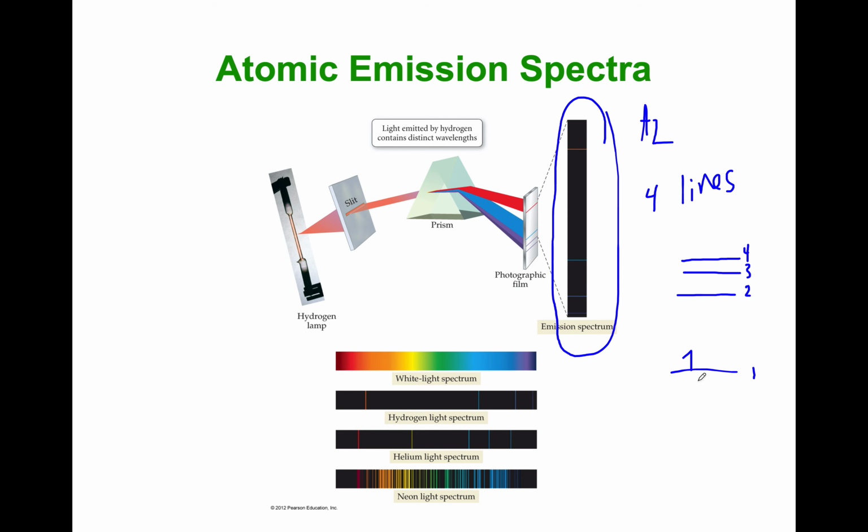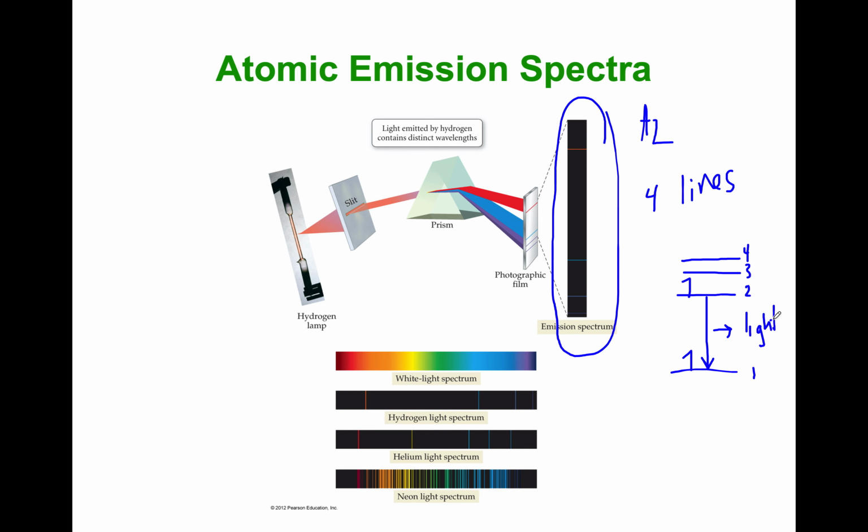If an electron is in the first energy level, it can get excited and move to the second energy level. Well, it can't reside in that excited state. It has to relax back down, and when it relaxes back down, it gives off light.